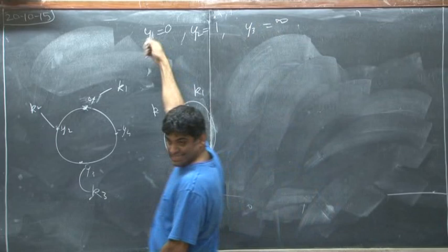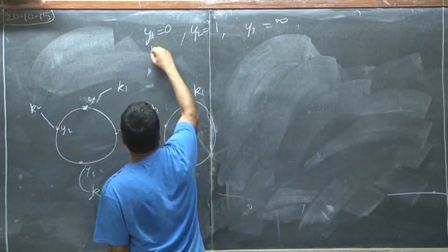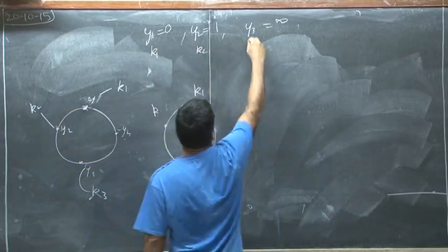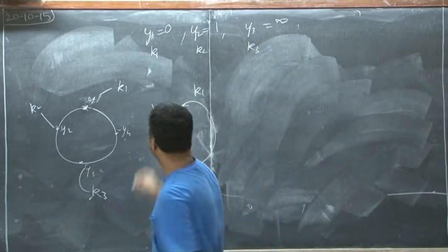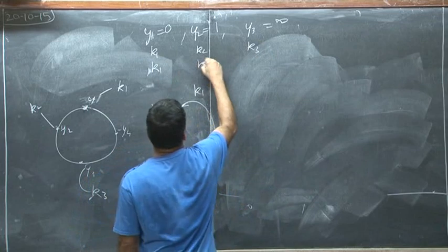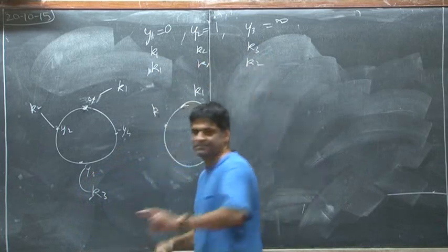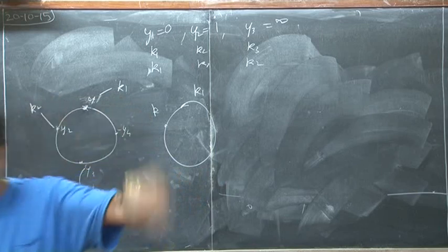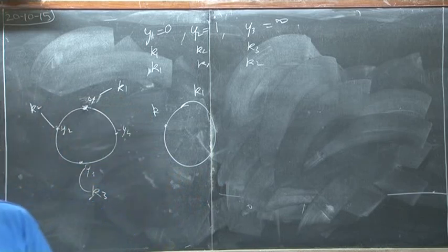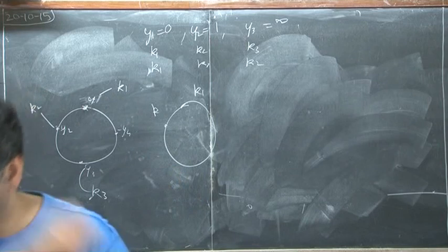One ordering is where we put k1 to this guy, k2 to this guy, k3 to this guy. There will be the other ordering in which we put k1 to this guy, k3 to this guy, k2 to this guy. These are the only 2 cyclical orderings of 3 points on a circle. And then we will put k4 between any of them.